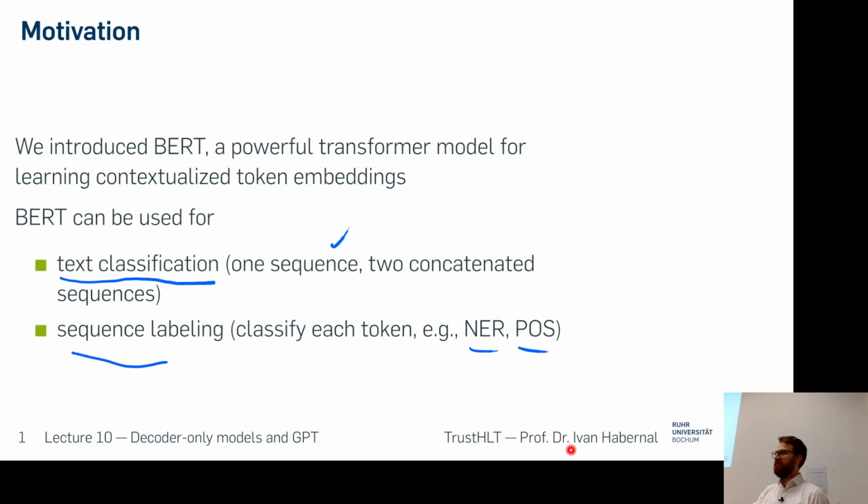Part-of-speech tagging. What is part-of-speech tagging? Right, okay, so we're assigning a linguistic category to each token, actually a word, which is verb, noun, and things like that. Exactly, okay, cool. So far so good.